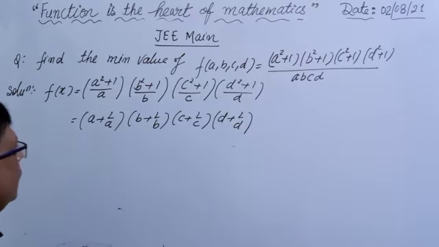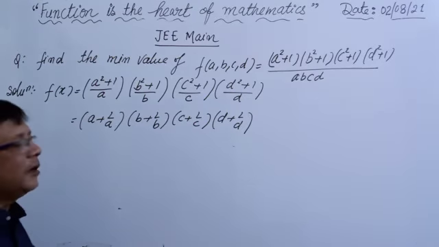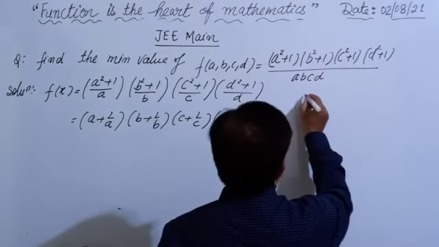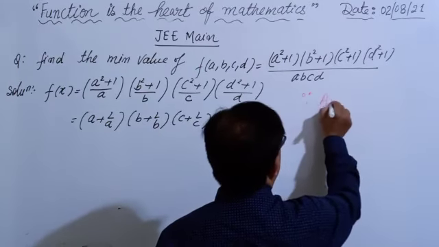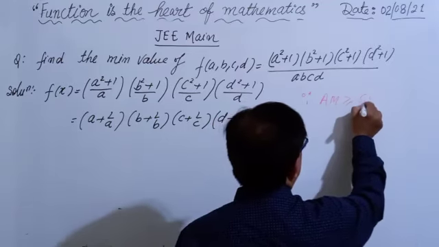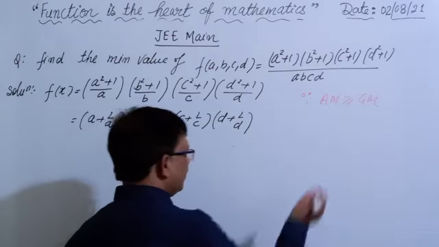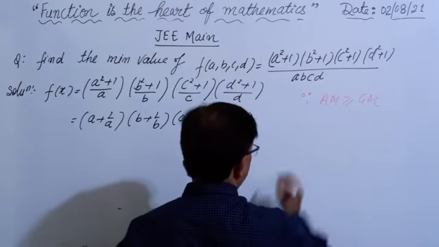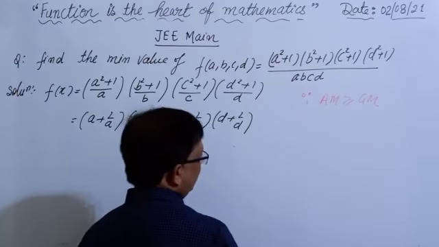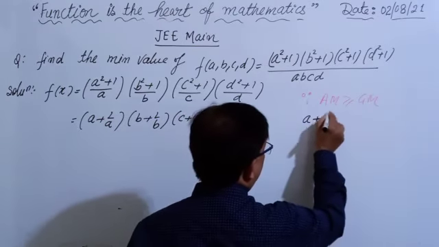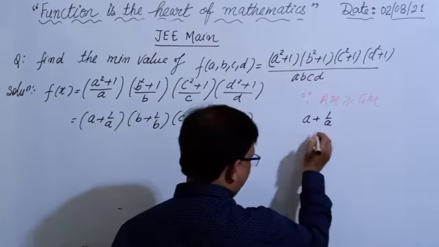Now student, we know that the AM of two numbers is always greater than or equal to their GM. Here we use the concept AM is greater than or equal to GM. It means if we have two numbers a and 1 upon a, we find the AM of these two numbers.